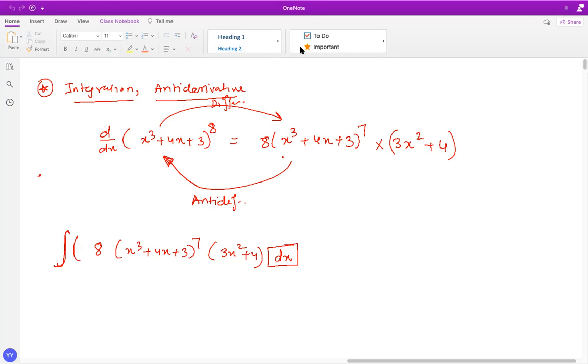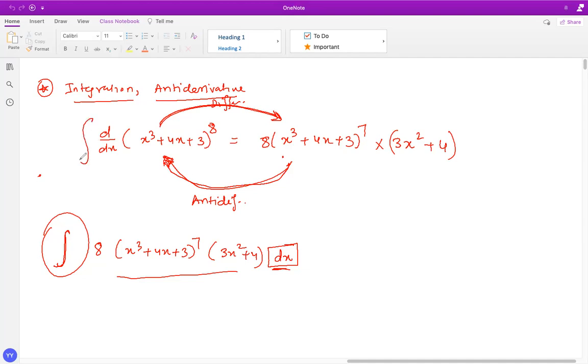It is read as: integrate this function with respect to x. And this property of differentiation from here to here and anti-differentiation from here to here helps us get the answer for this expression.